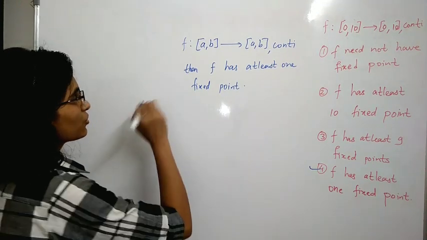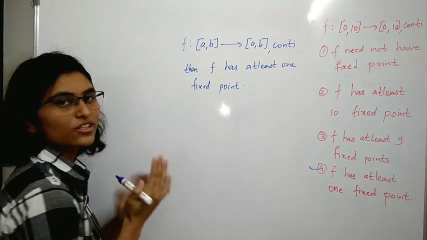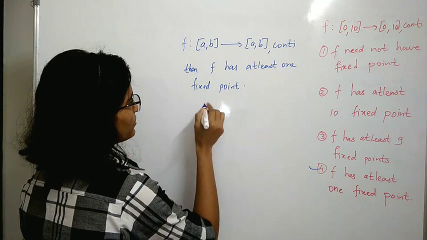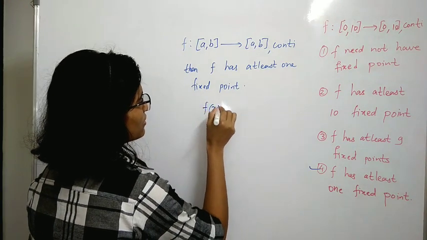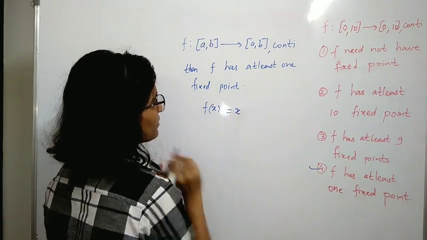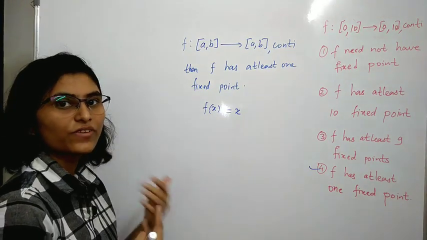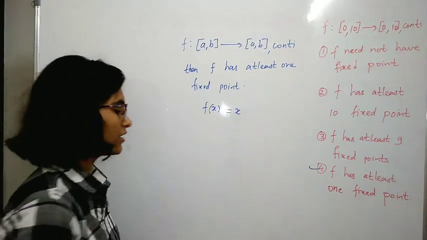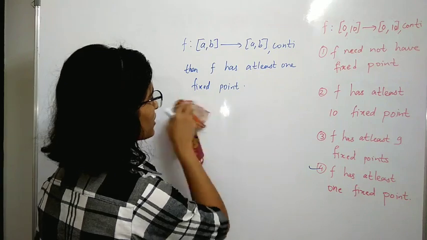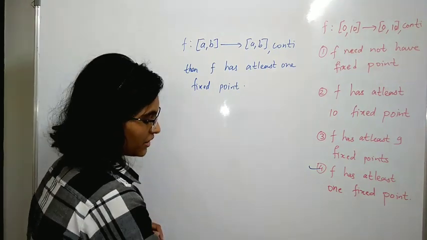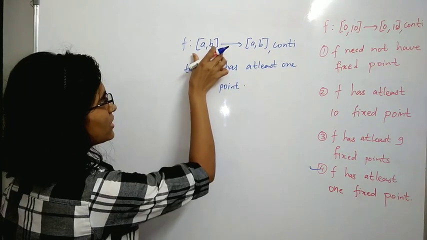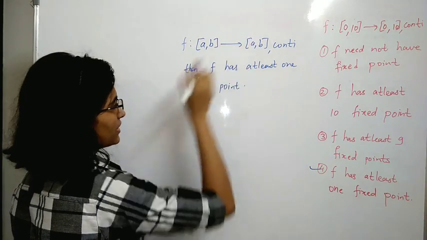So how to prove this? Let us first recall what a fixed point is. Fixed point means if we have some x such that f of x is equal to x, then this x is called a fixed point of the function f, right? So we just have to prove the existence of this. Here the interval is from [a, b] to [a, b], right?